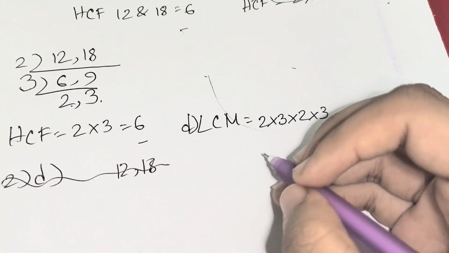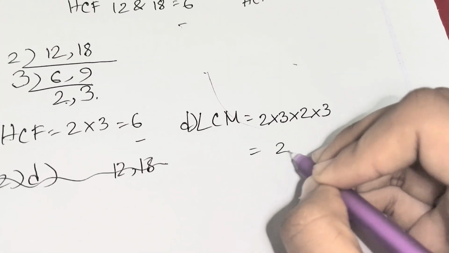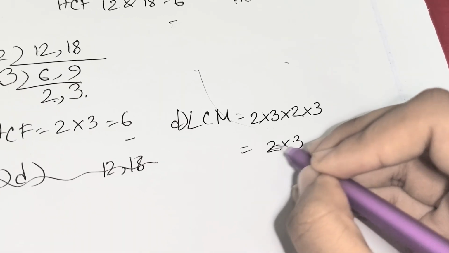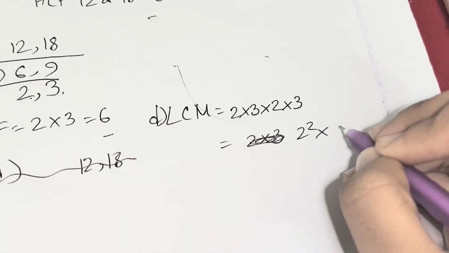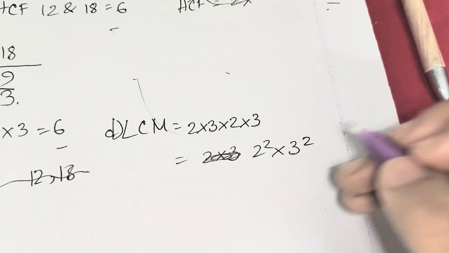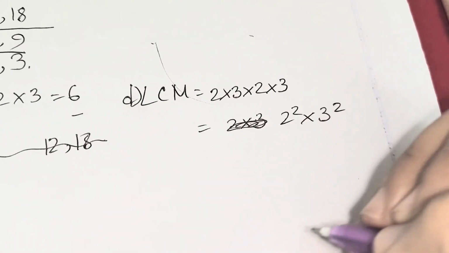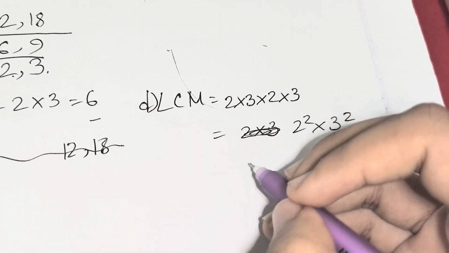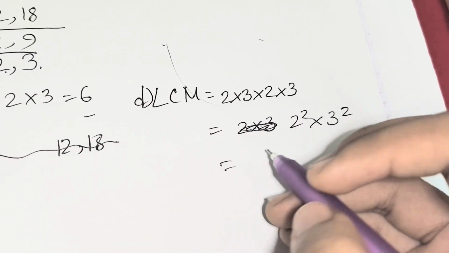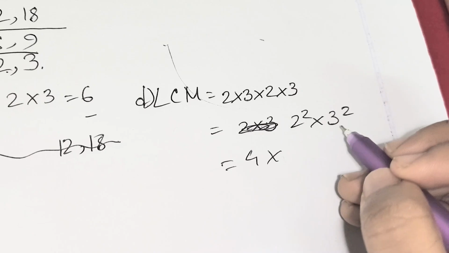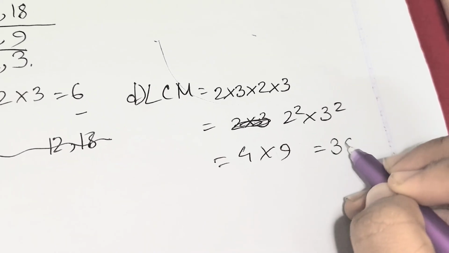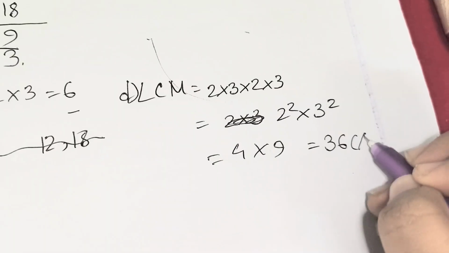Or you can also write it as 2 squared times 3 squared. That's also okay. So what would be the answer? 2 squared equals 4 and 3 squared equals 9. It's going to be equal to 36.